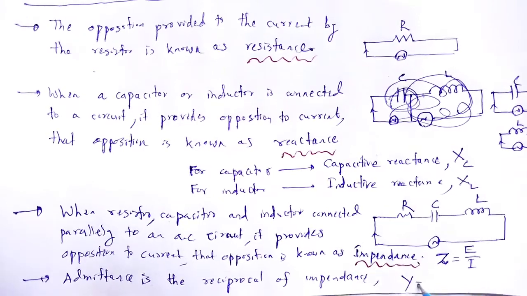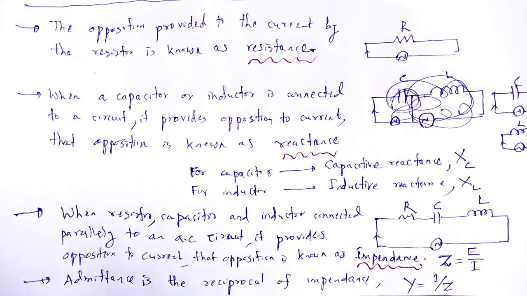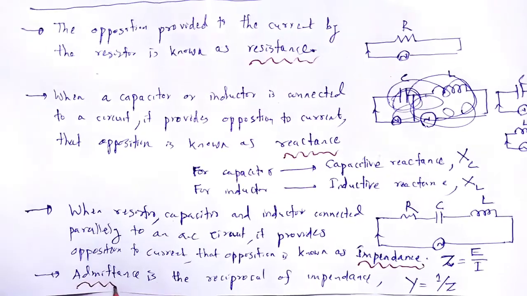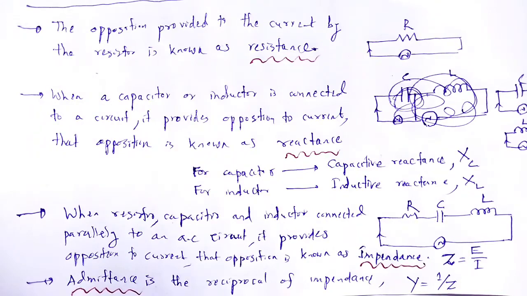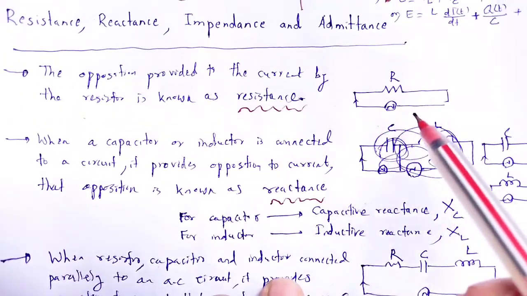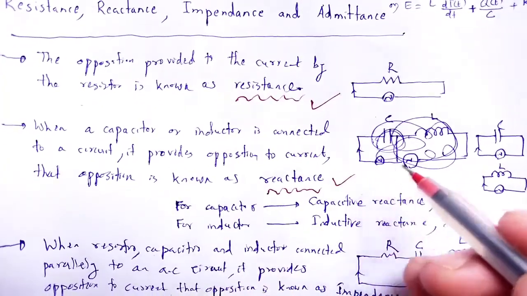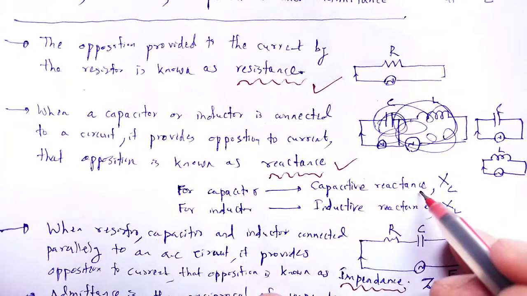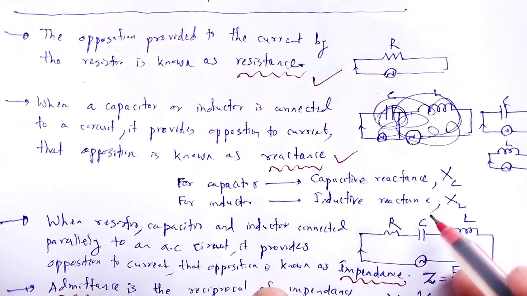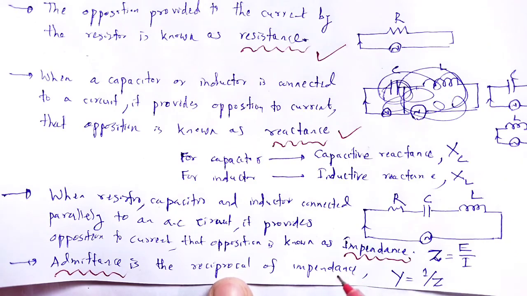That is Y is equal to 1 by Z. So, here we know the basic idea of resistance and reactance. For a capacitor it will be capacitive reactance, for an inductor it will be inductive reactance, and then impedance and admittance.